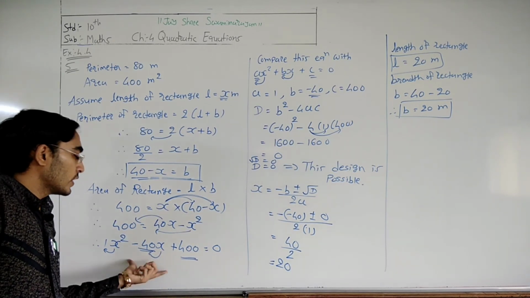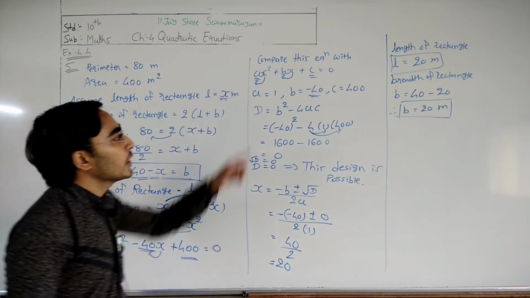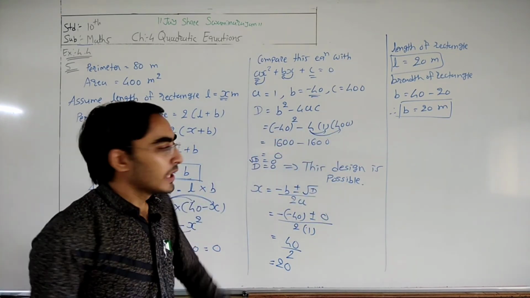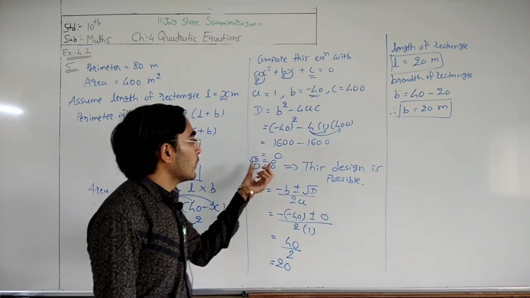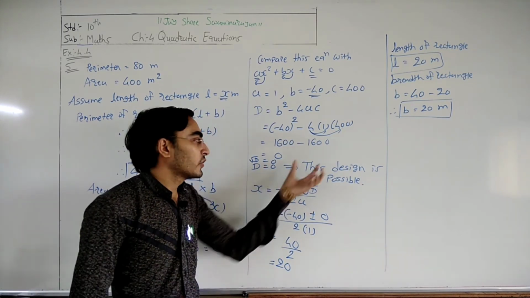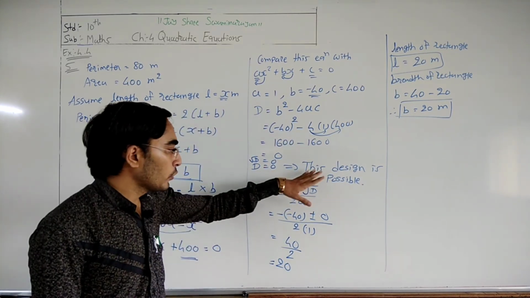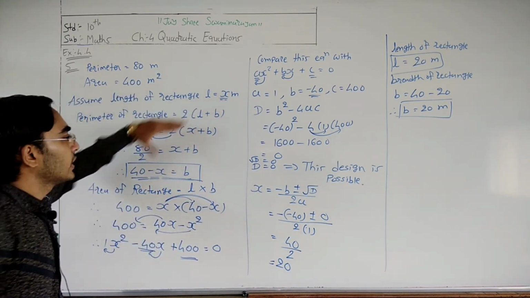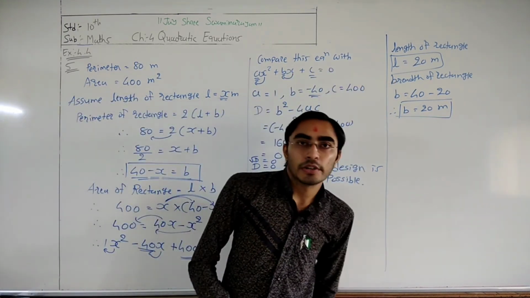From that you will get the values of a, b, c. From that you can find the value of d. Now from d, you can decide whether this design is possible or not. If it is possible, find out the value of x, put the value of x here, and you will get the values of length and breadth.